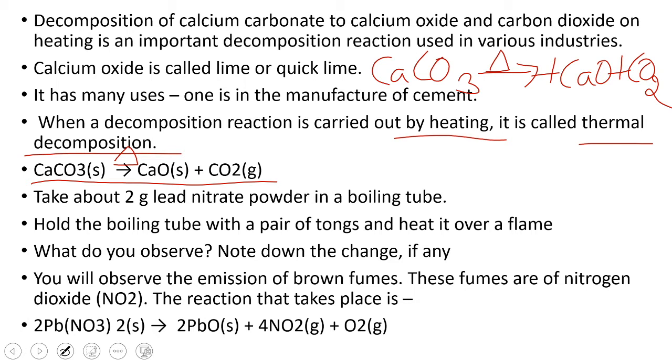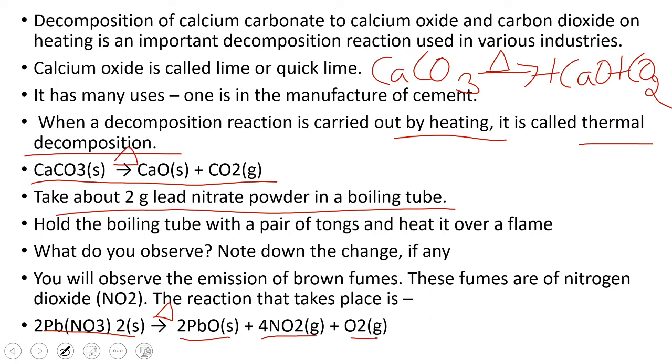Now, take about 2 grams of lead nitrate powder in a boiling test tube. Hold the boiling tube with a pair of tongs and heat it over a flame. Now, what do you observe? Note down the change, if any. Lead nitrate decomposes on heating into lead oxide, nitrogen dioxide, and oxygen.